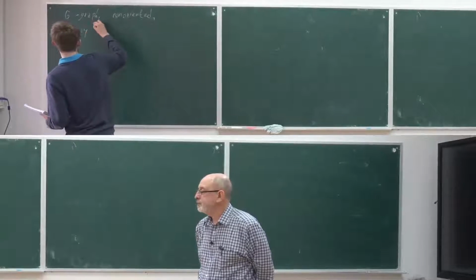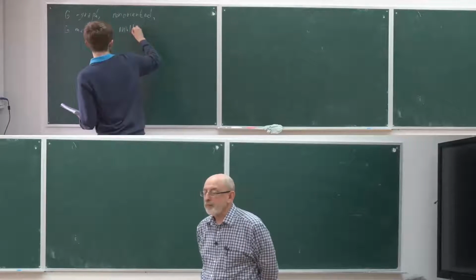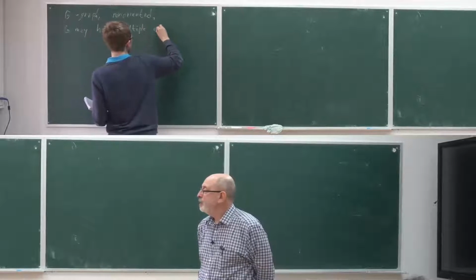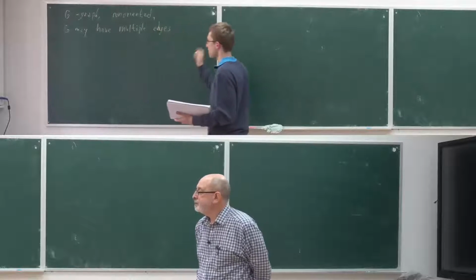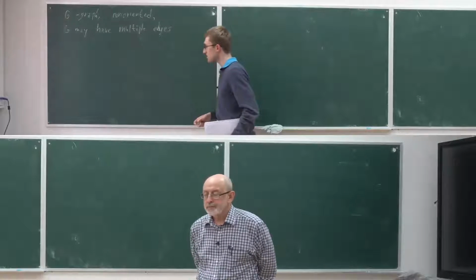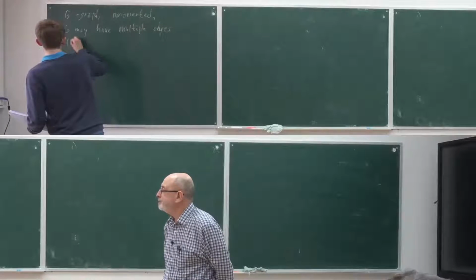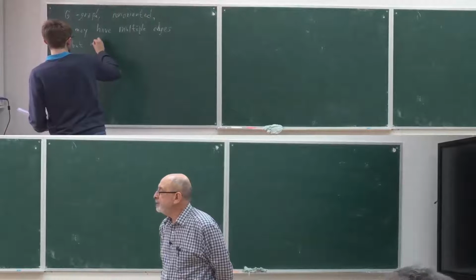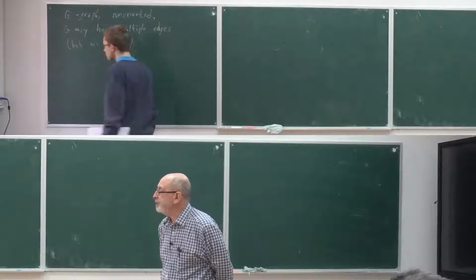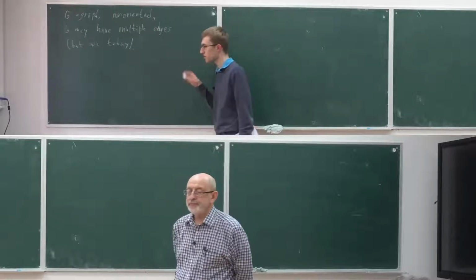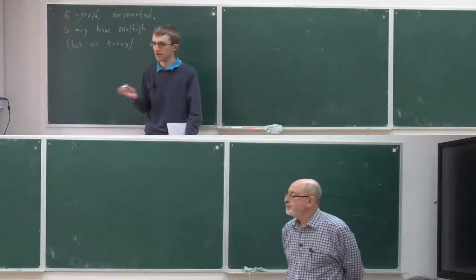G may have multiple edges, but not today. And loops change nothing, and therefore they are not allowed. We may assume that they are allowed, but indeed they change nothing.